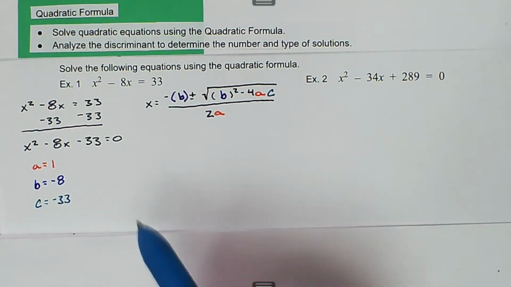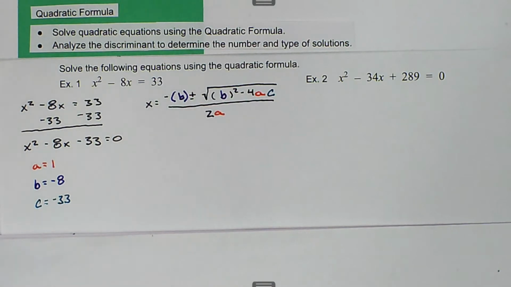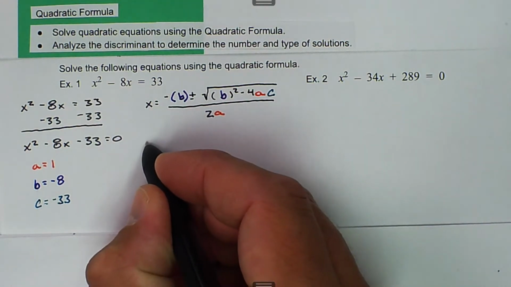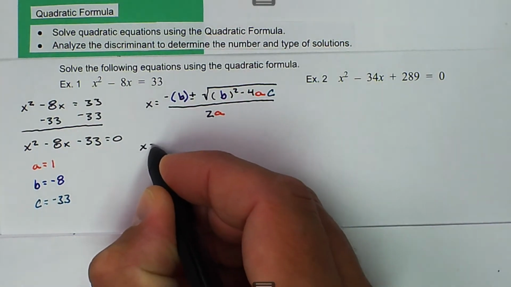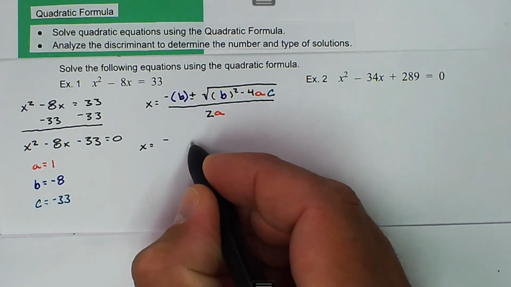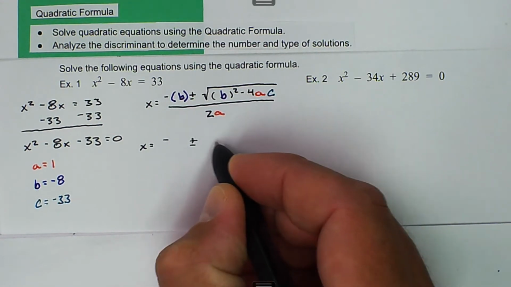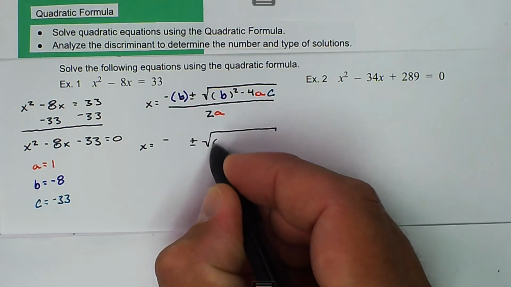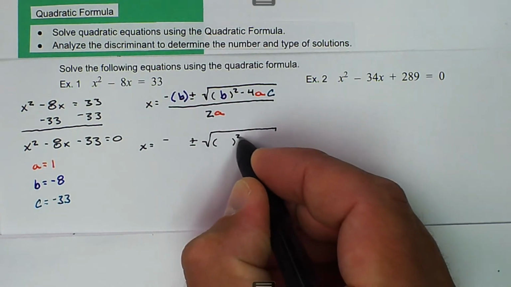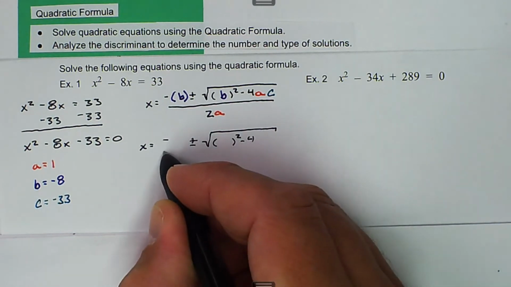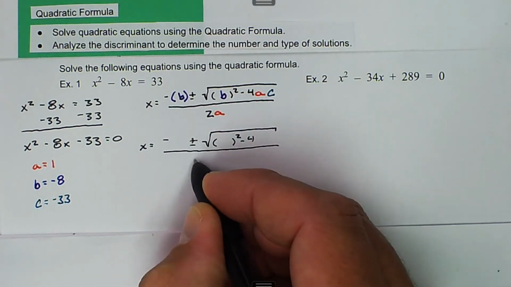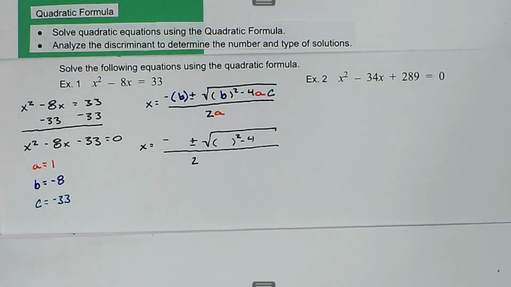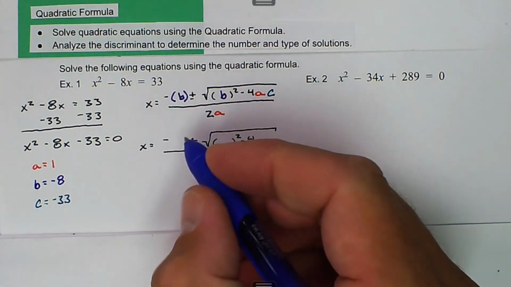Now we can substitute our values in. So I'm going to write this down again. We have x equals negative plus or minus the square root of b squared minus 4 all over 2. So those things never change, and we're going to substitute those values in.